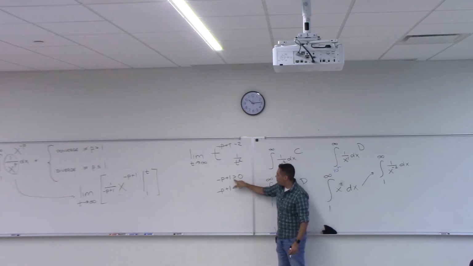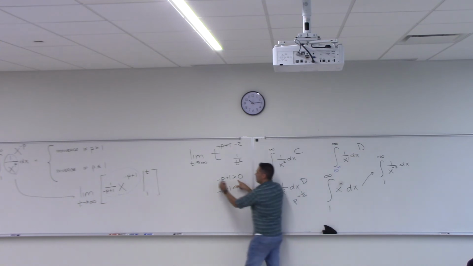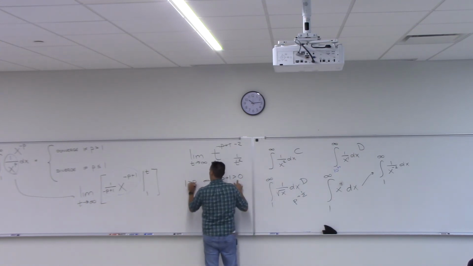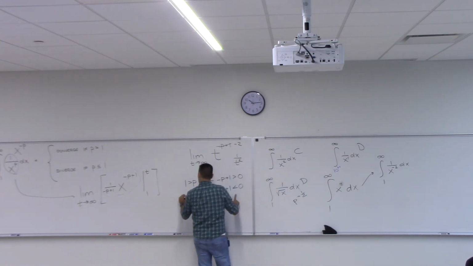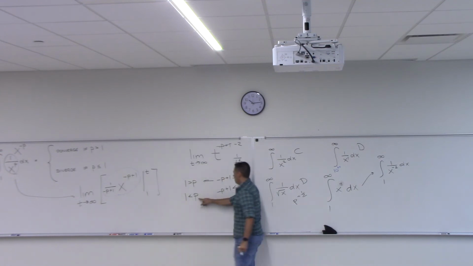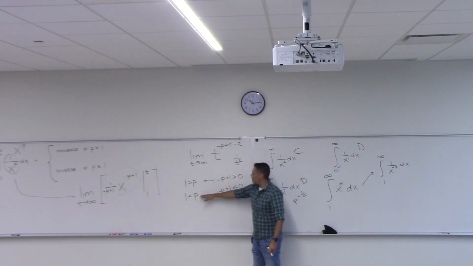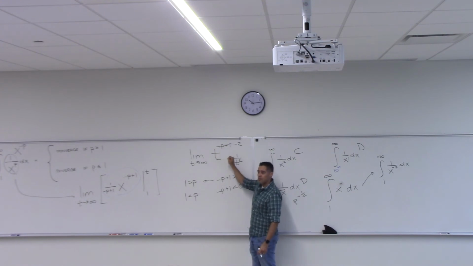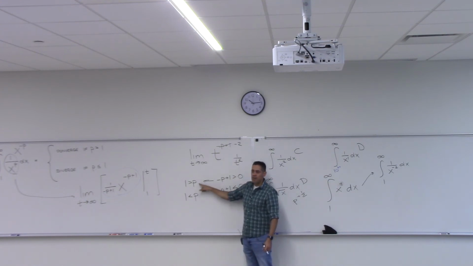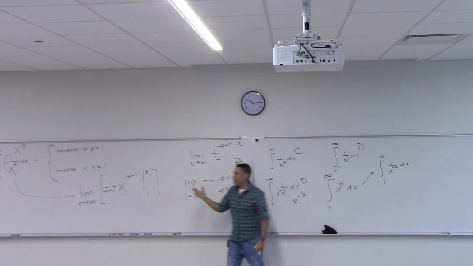And so if you just solve this for p, this one is p is less than 1. This one right here is p is greater than 1, right? So if p is greater than 1, this thing is going to go to 0. If p is less than 1, this thing is going to blow up. And that's where this comes from.